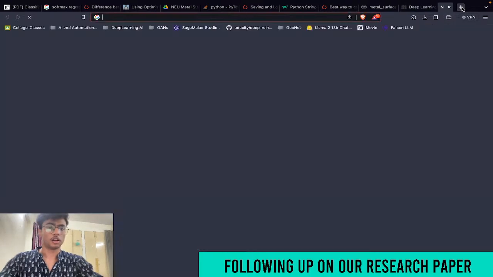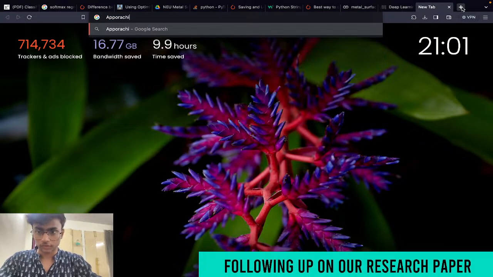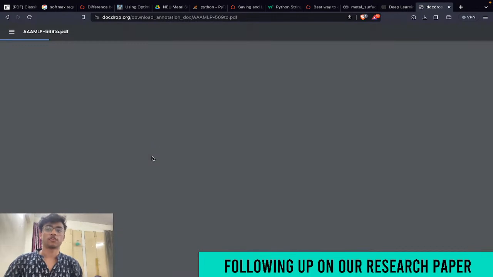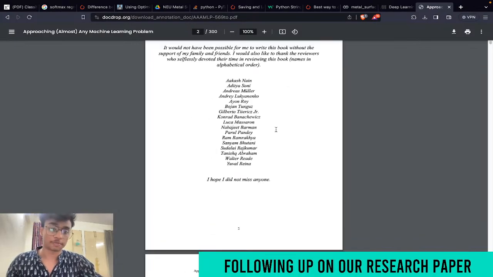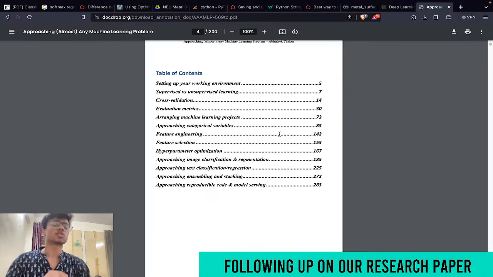If you are looking into the ML side of things, approaching almost any machine learning problem, this book is popularly considered a Kaggle specialty. If you are into Kaggle, you should read this, but I suggest this book for anyone. I directly came across the PDF, so you will also be able to find the PDF easily. It goes through the various techniques that are used in machine learning.